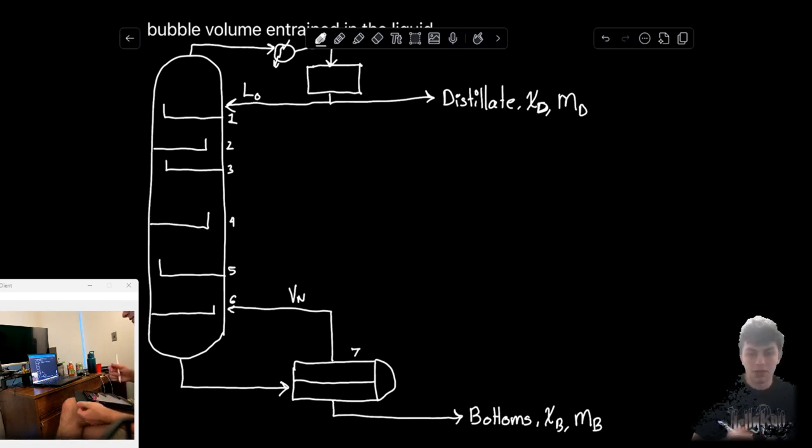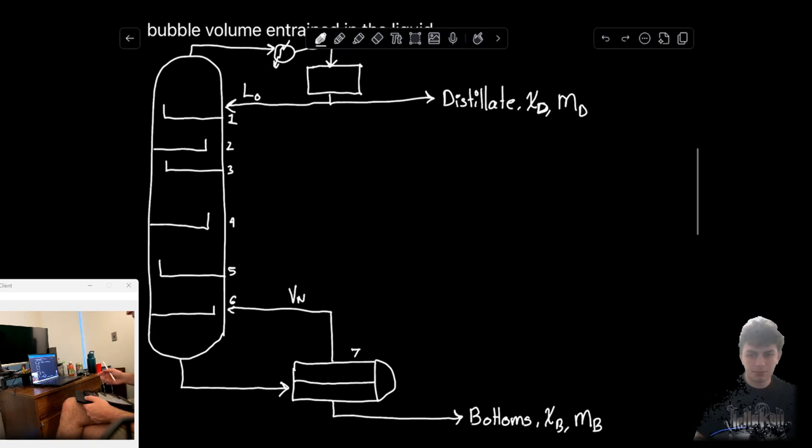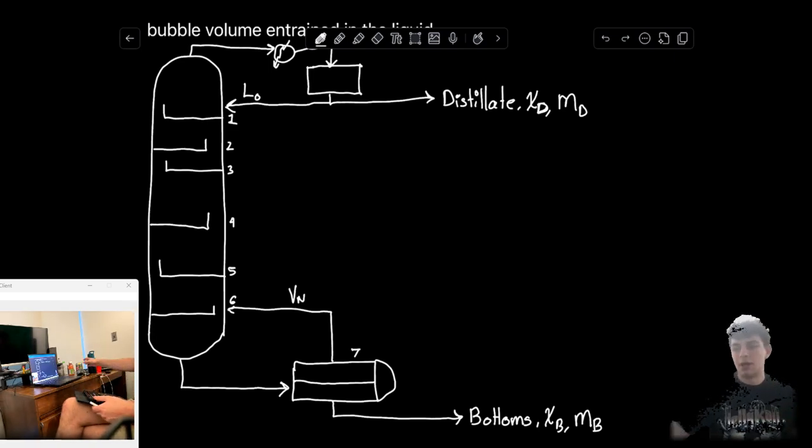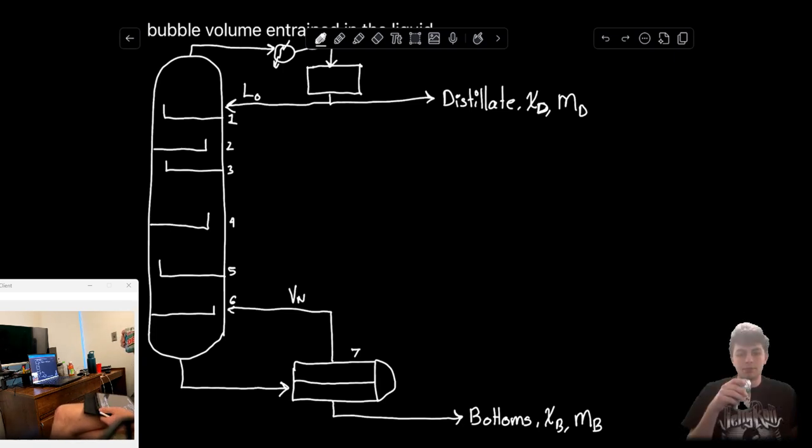If we had a partial condenser, so if we were taking a vapor stream off the top here, we would also call that a stage. It wouldn't behave exactly like a tray perfectly, but we always call those trays anytime there's vapor and liquid separation after mixing of those two.